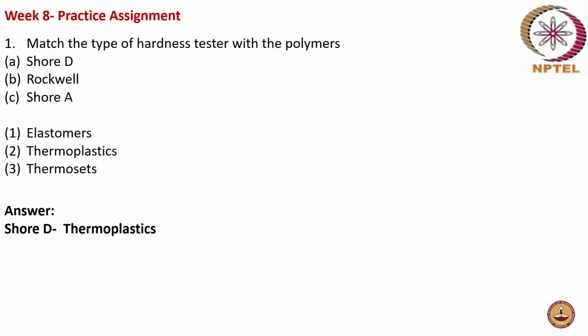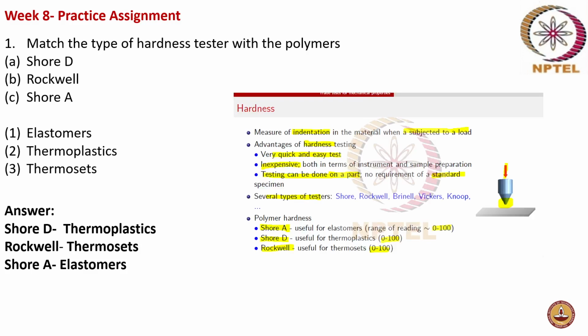Actually, Shore D is used for thermoplastics, Rockwell is used for thermosets, and Shore A is used for elastomers. I have taken this picture from the lecture presentation.